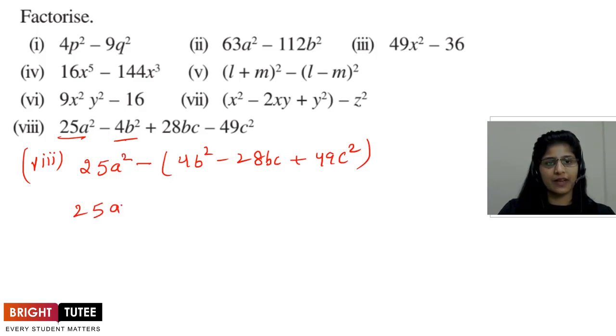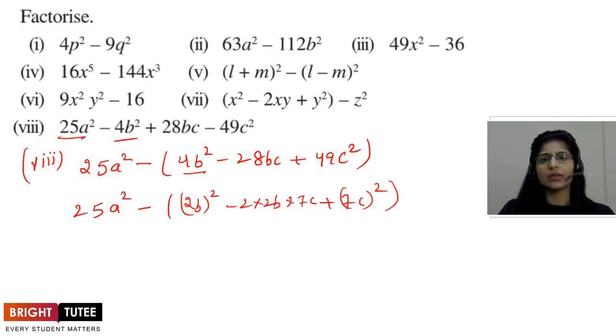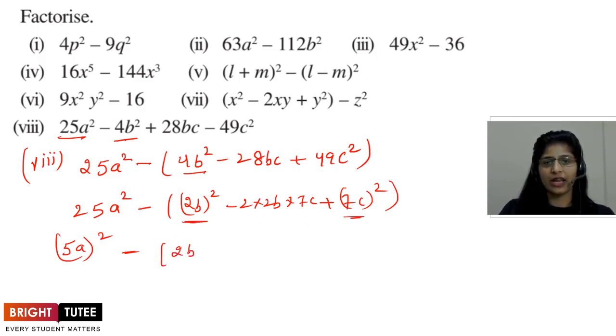So just see, 25a square minus, here I'll have this is (2b) whole square, this is (7c) whole square, and minus 2 into 2b, that is 4b, into 7c is 28bc. Yes, we get that. So it is (5a) whole square, we can write like this, minus, here what are we getting? See, a square plus b square minus 2ab. So it is a square of (a minus b) whole square.